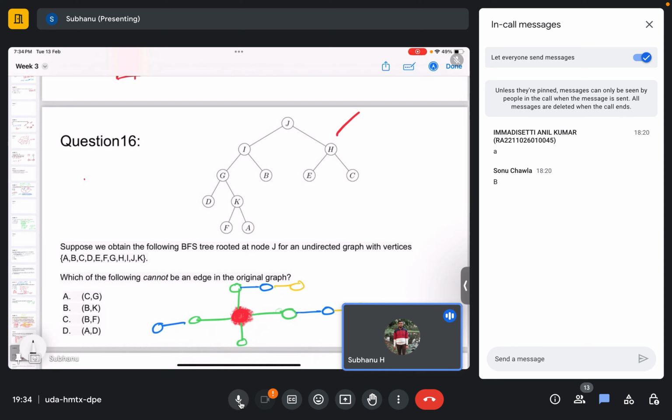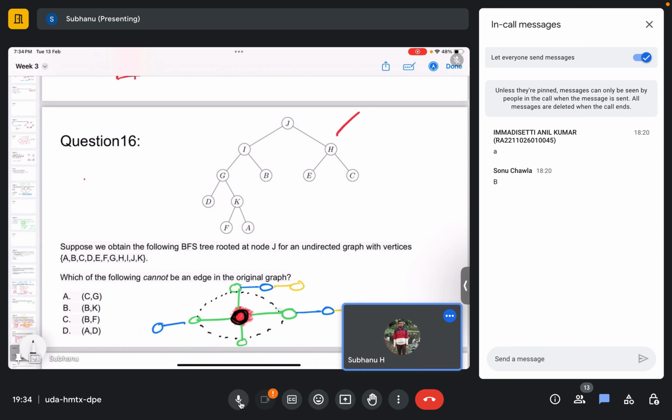So in BFS, if you start from this node, first you try to find all nodes at one hop distance. You can see all these green nodes are at one hop distance.